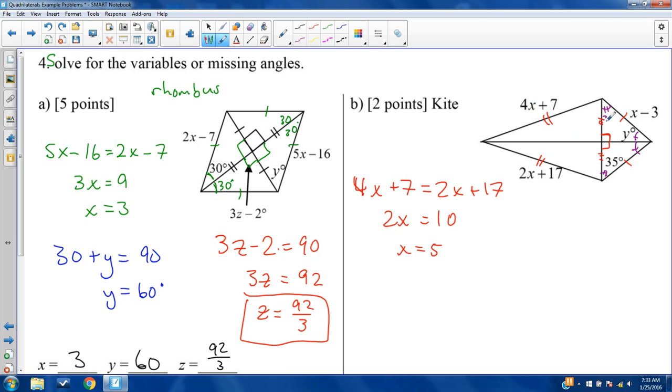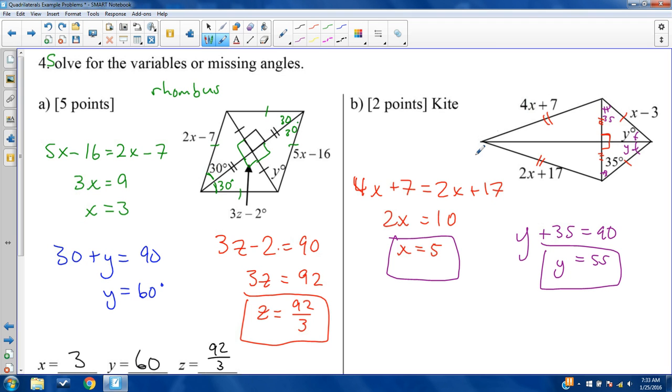So I could either say this is 35, or I could find this one first and say that y is going to be the same thing. Basically, in a right triangle, once again, these angles are complementary, so y plus 35 equals 90. Therefore, y equals 55. Oh joy. So y is 55 degrees, and that's it.